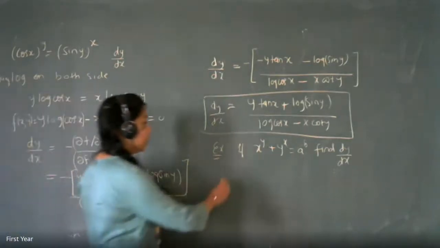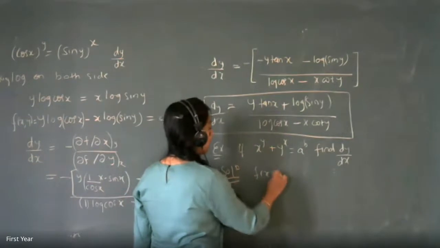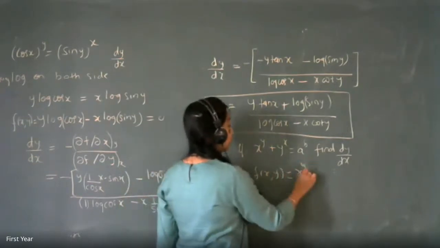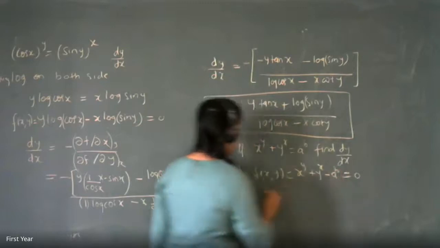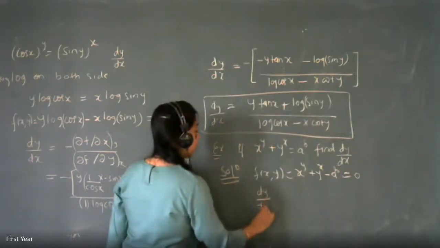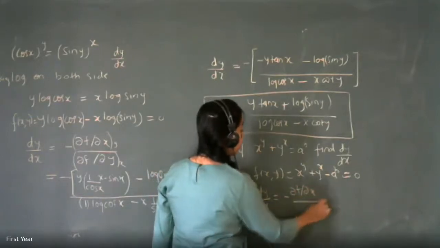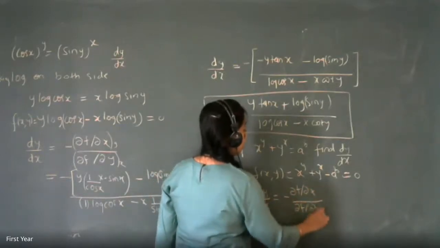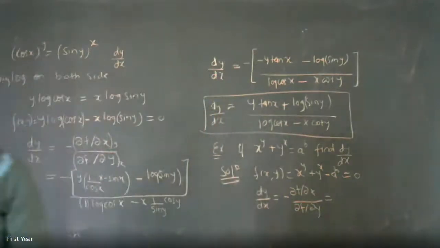That's it. Correct. So your solution will be f of x, y is x raised to y plus y raised to x minus a raised to b is equal to 0, and then your formula of dy by dx is nothing but minus del f by del x divided by del f by del y. Everyone please write the answer in the chat box if you are getting it.